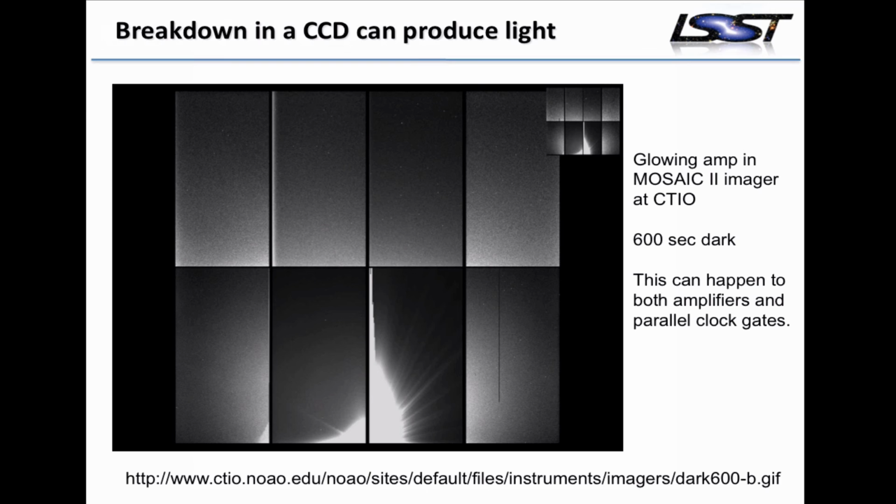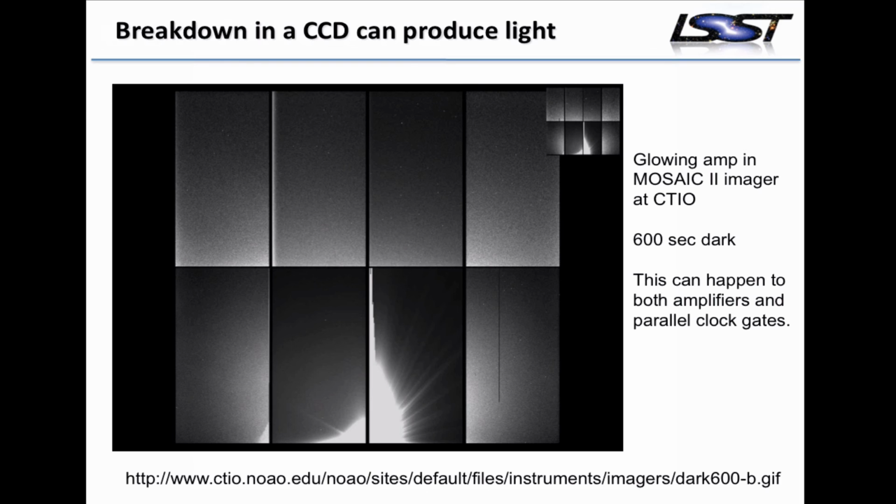Another possible source of illumination in CCDs is CCDs basically acting like LEDs. If there's electrical breakdown in the detector so that it glows, that produces light that lands on the array. In old CCDs, glowing amplifiers were a perennial problem.